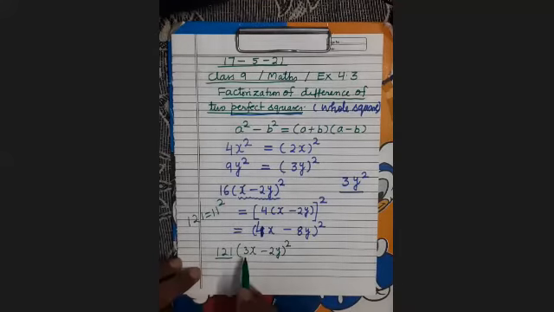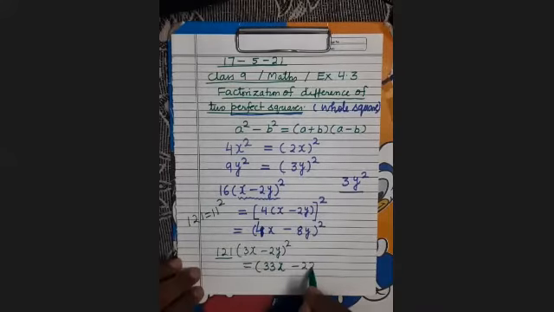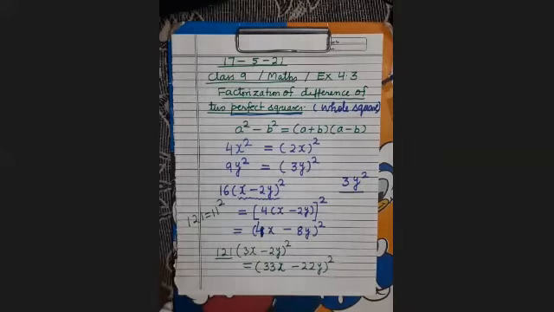So you multiply 11 से inside the bracket multiply करेंगे तो क्या होगा? 33x minus 22y का होल स्क्वायर। Have you understood? सबको समझ में आ गया?